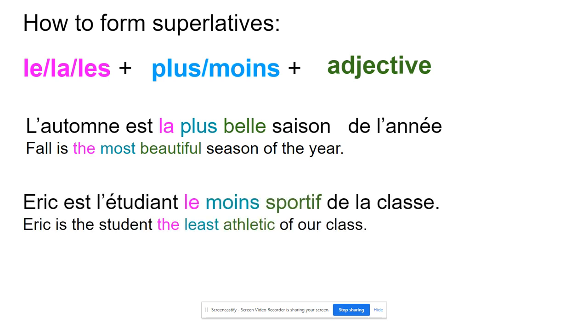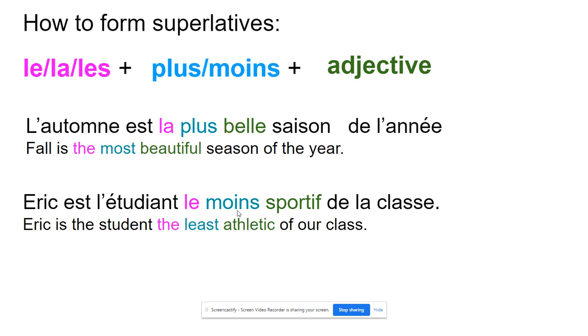Eric est l'étudiant le moins sportif de la classe. All right, so Eric is the student, the least athletic of our class, or, that's not really how we would express it in English, but we would say Eric is the least athletic student of our class. So here we are comparing Eric as a student to the rest of the class. Eric is masculine singular, so that's why we're going for le.